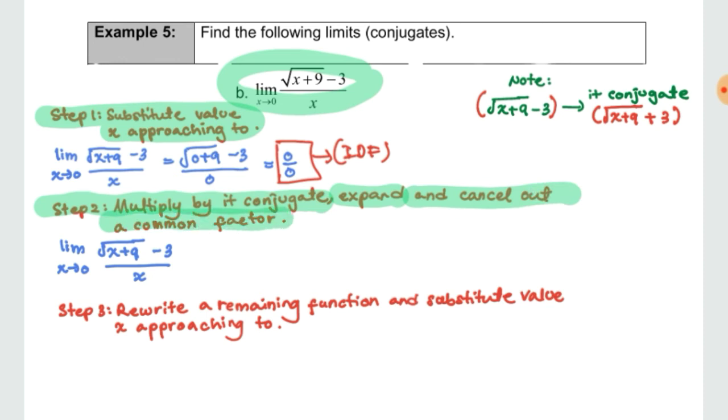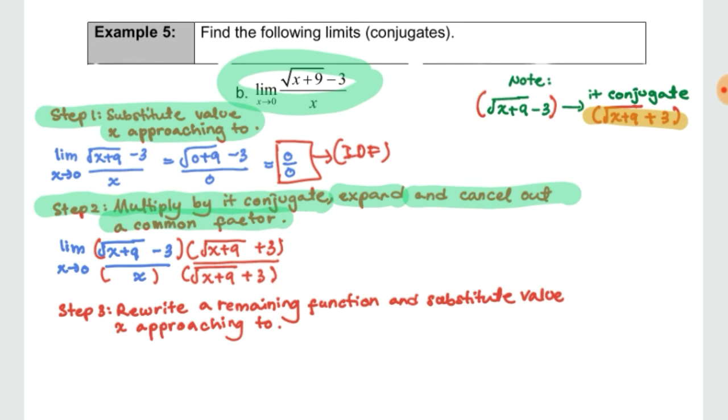By the way, for square root x plus 9 minus 3 here, its conjugate is square root x plus 9 plus 3. So we must multiply the function of the limit here by its conjugate, square root x plus 9 plus 3 over square root x plus 9 plus 3.